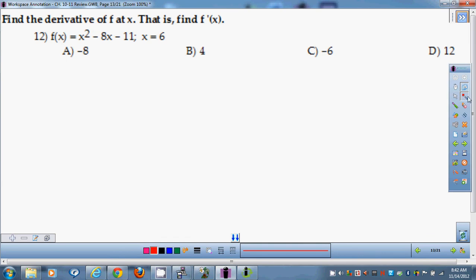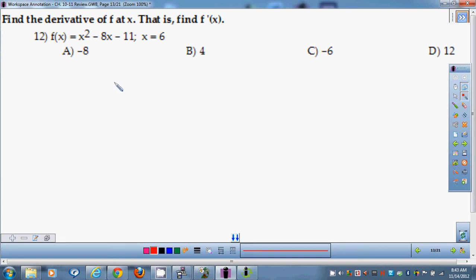Oh, dang it, I forgot to cover this up. Find the derivative of f at x. Who can tell me how to do this? And you can do them all the short way. Sorry, Joey, you've already spoken. That's right.